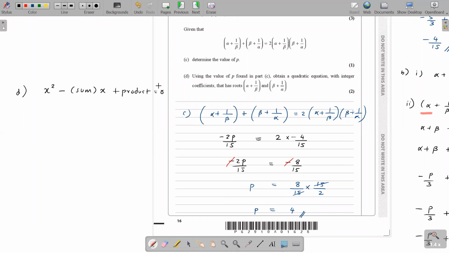So all you need to do is to get the sum of your roots and product of your roots. So what's the sum of roots? Add alpha plus 1 over beta and beta plus 1 over alpha. Do we have this answer already? Yes, alpha plus 1 over beta and beta plus 1 over alpha is minus 2P over 15. P value is found as 4. Replace P as 4. How much is it? Minus 8 over 15. Do you agree?